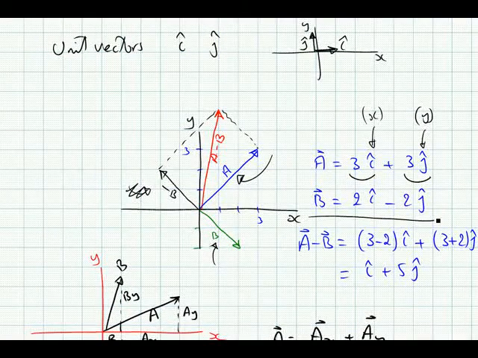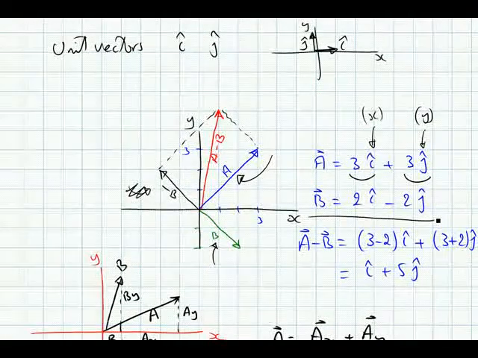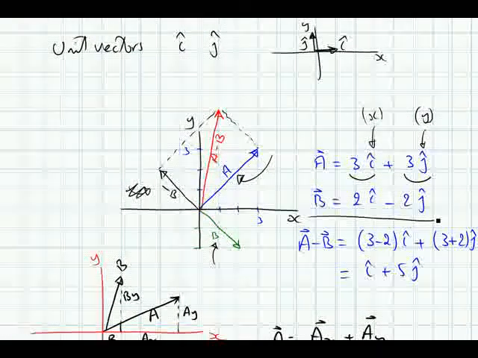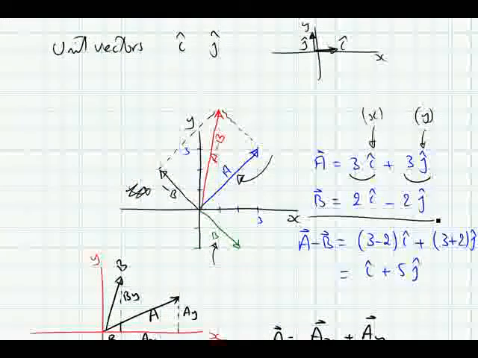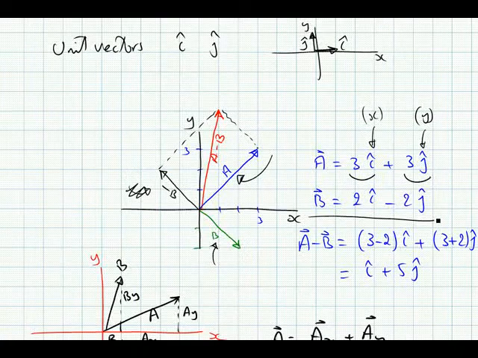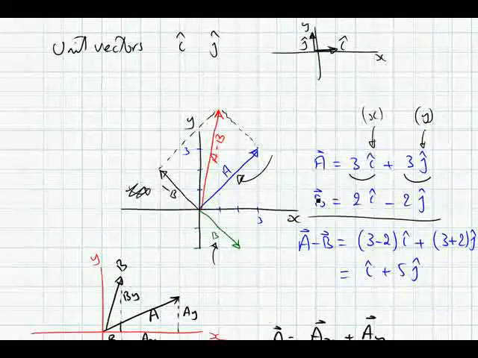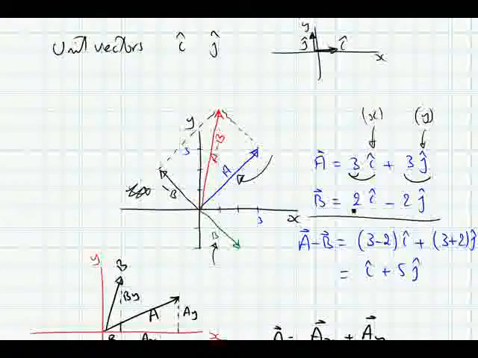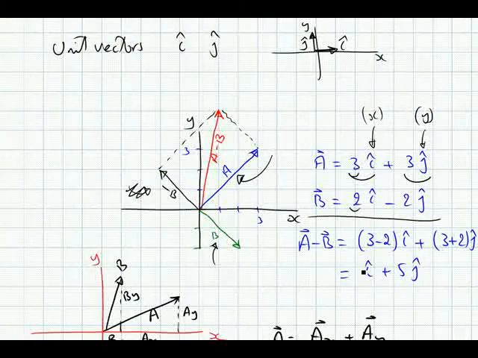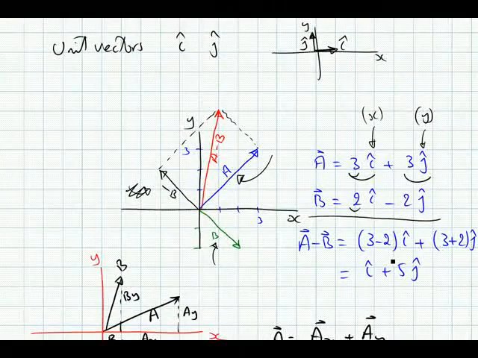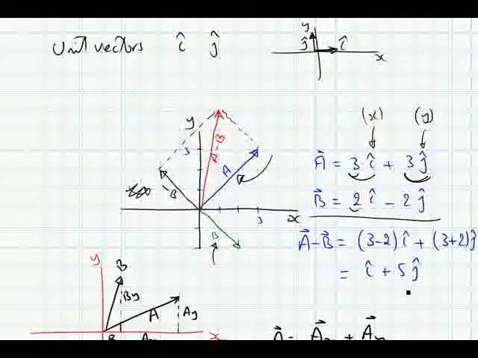If you're interested in A minus B, you simply subtract the i components and also the j components. So the i component of A minus B is 3 minus 2, which is just 1i, and the j component is 3 minus (-2), which is 5j.